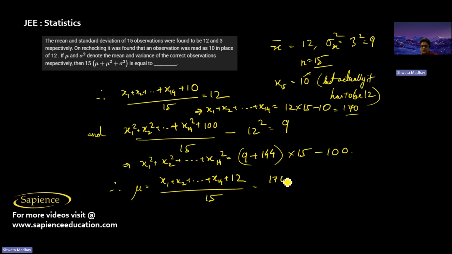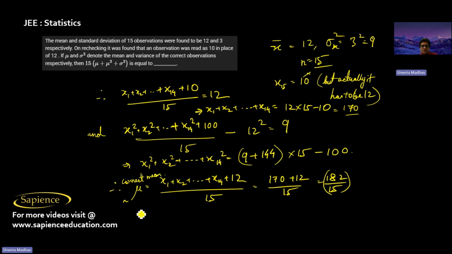This will be 170 plus 12 by 15, so this is 182 by 15. Mu is 182 by 15, the correct mean.